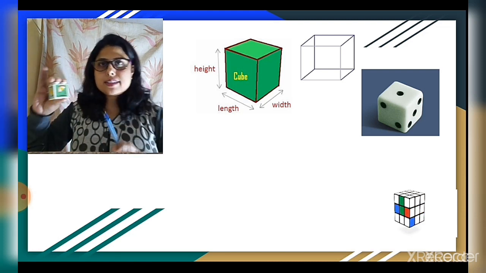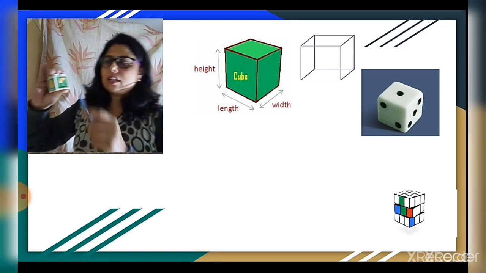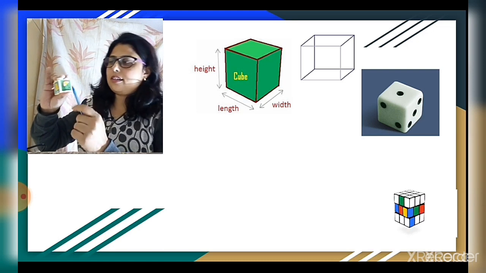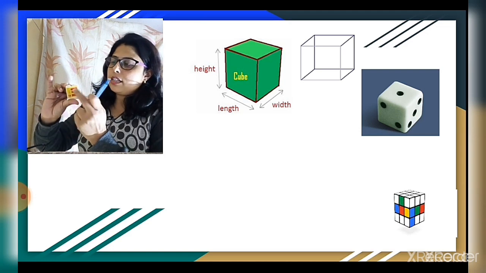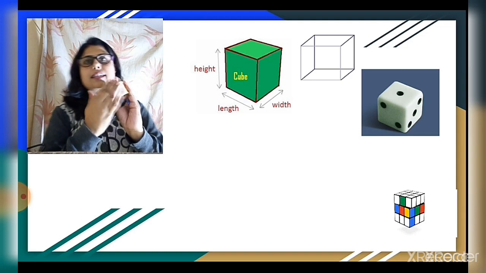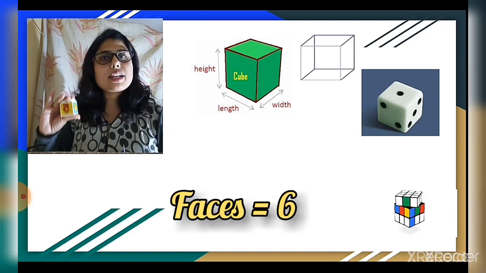So let's count from the small shape, then we count it with the big shape. First, faces. 1, opposite side 2, 3, 4, here this is 5, 6. So 6 faces.